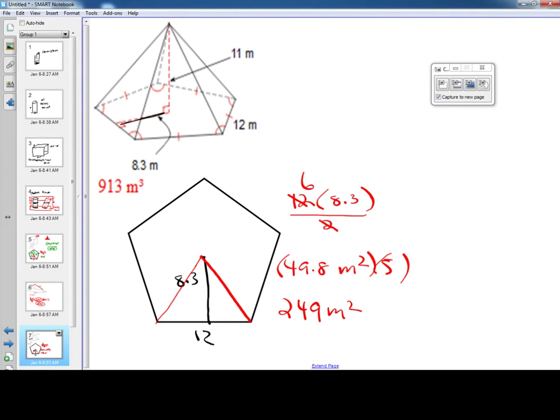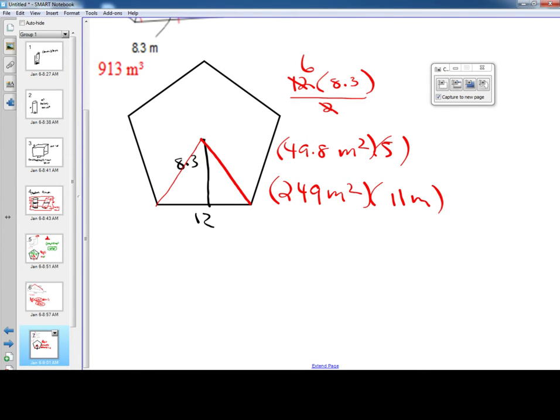Wait, what's times 11 meters on that? Oh, times the height, that's a great question. What is 11 meters? Well, isn't that the base, and that's the very top of it? AKA height, which is what we need. Because we need to take this and multiply it by the 11 meters high.